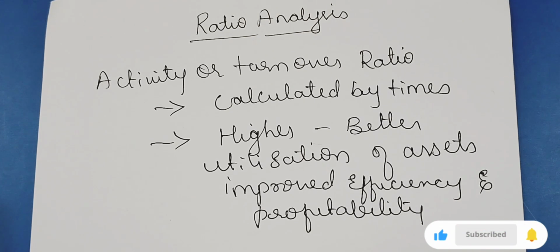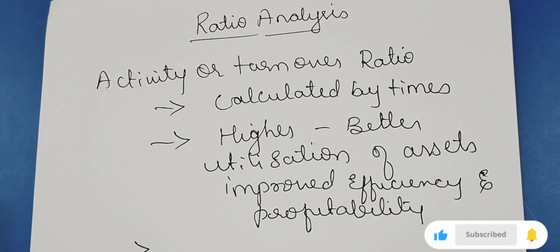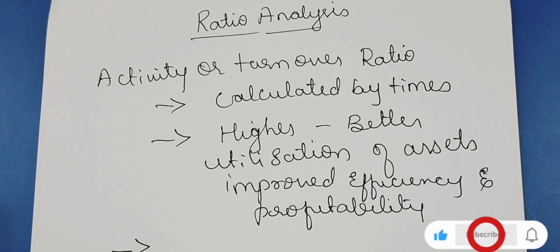Under this activity or turnover ratio, we have totally 6 categories of ratios.